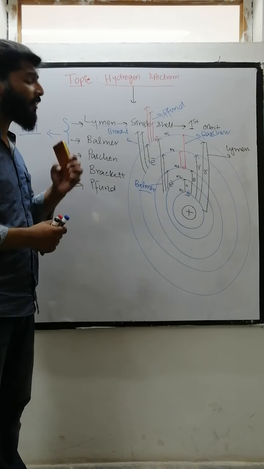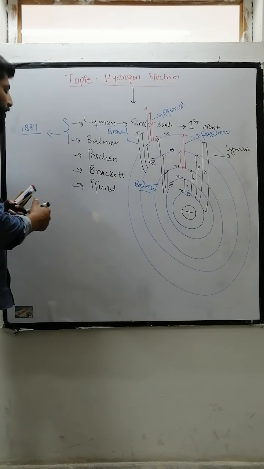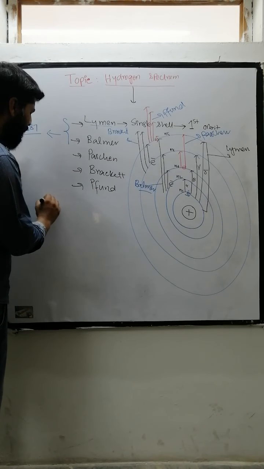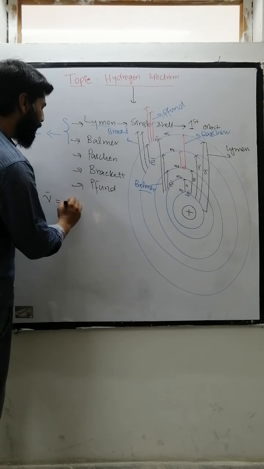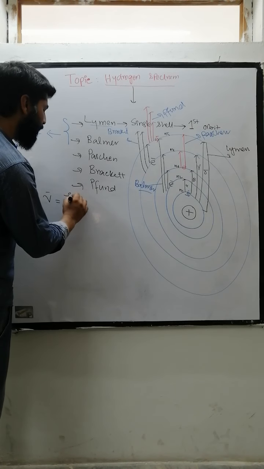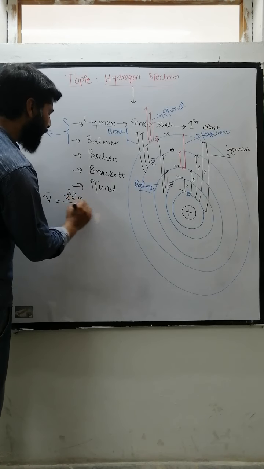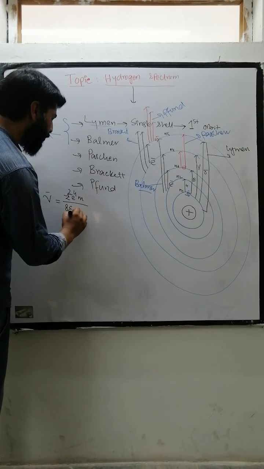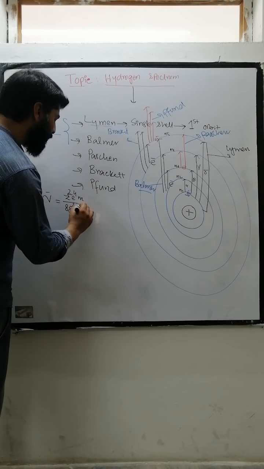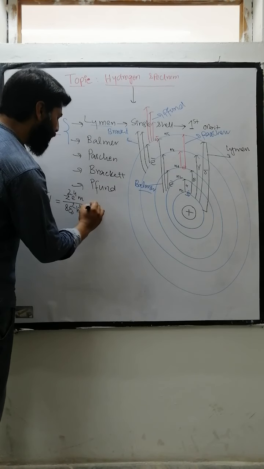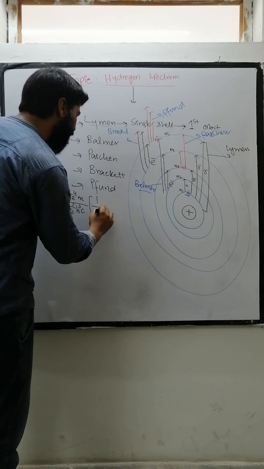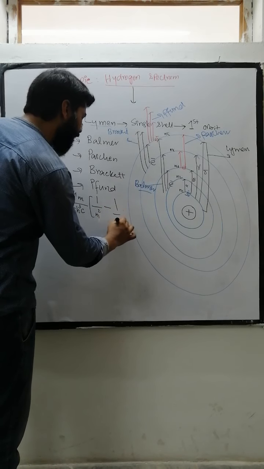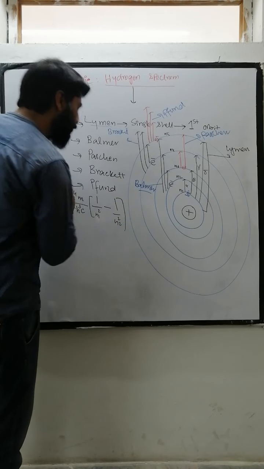So how can we find the frequency? We can find it by using the equation: nu bar is equal to constant Z squared e^4 m divided by 8 epsilon naught squared h cubed c, into 1 over n1 squared minus 1 over n2 squared.